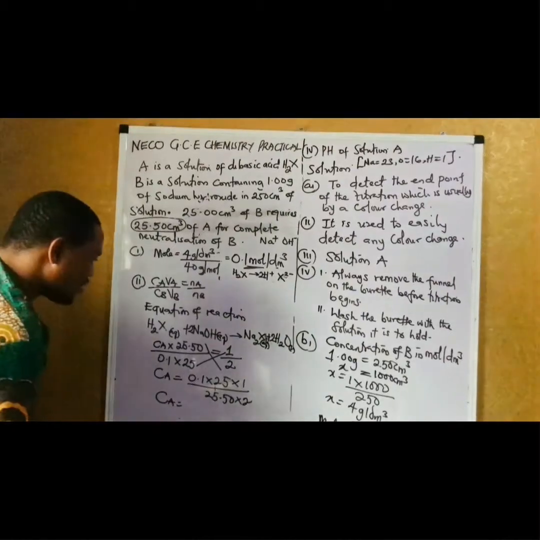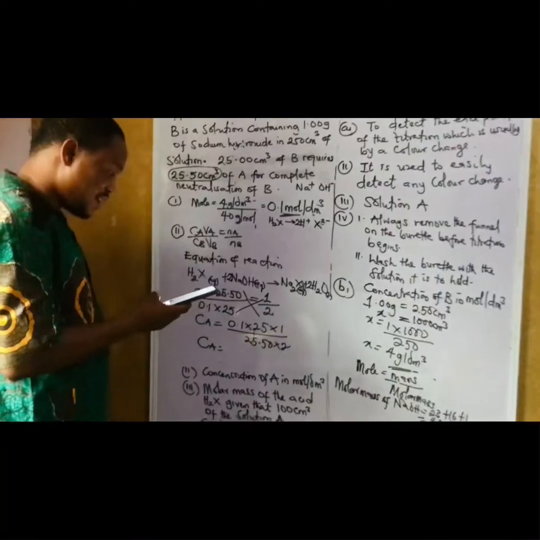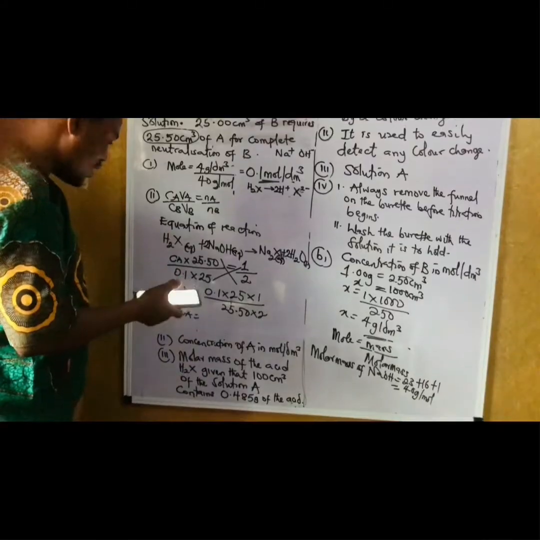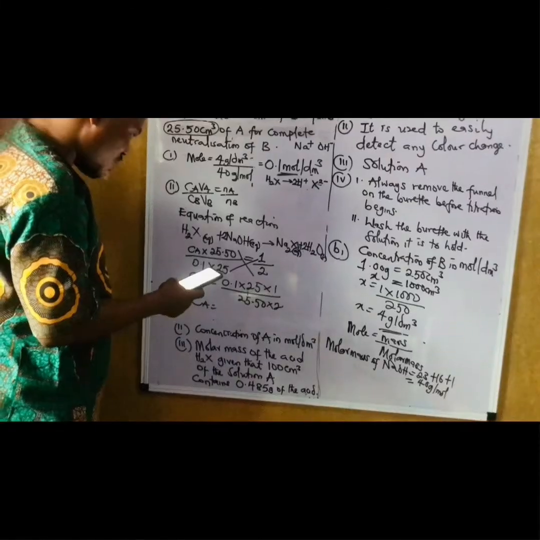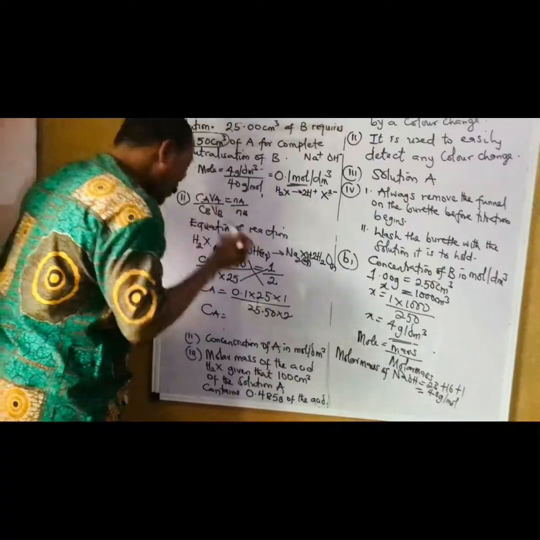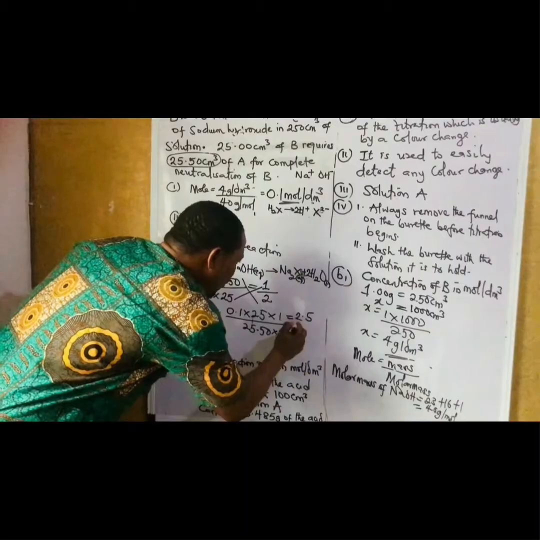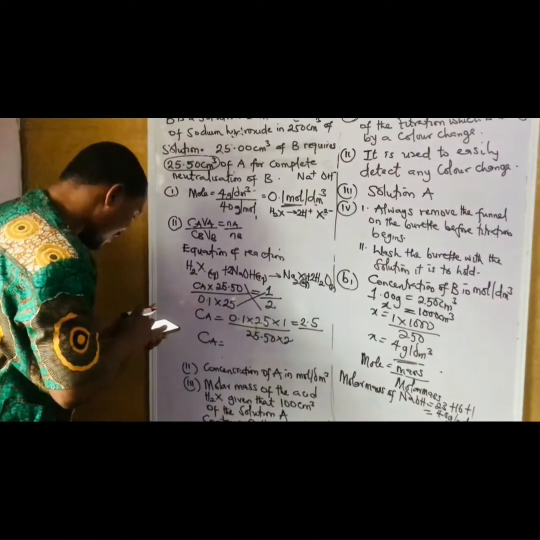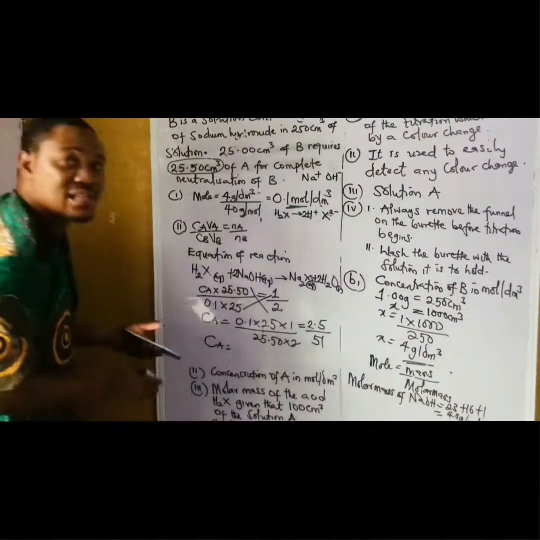Permit me to use, I don't have my calculator here, let me use my phone. I can't actually calculate that offhand. So for this one, we have 0.1 times 25, just to be sure. This will give us 2.5. Then 2.5 over 25.50 times 2, that will give us 51. Can we see that now? That will give us 51.